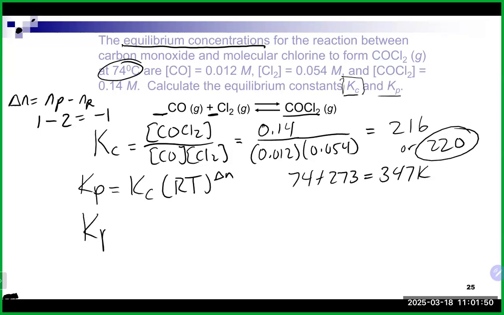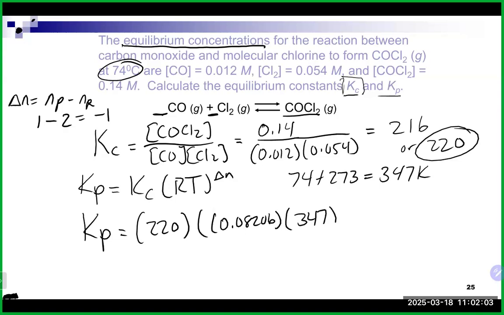So our Kp in this case is going to be our Kc, either the 220 or 216, depending on which one you use there, times 0.08206 times our 347, and again, that whole thing is to the -1. A reminder that you want to do what's in the parentheses first. So that's 347 times 0.08206, and then take 1 divided by that answer.